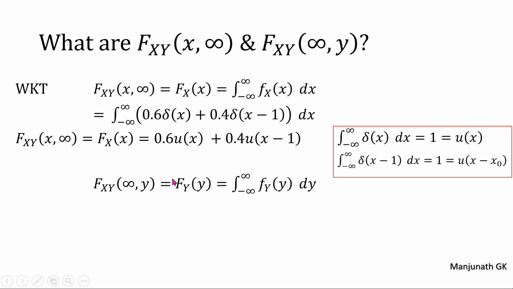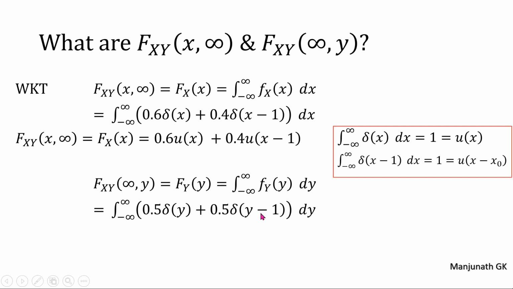the calculation of FY(y) can be done by integrating the PDF with respect to y. The single random variable PDF is already calculated. Substitute in the equation and integrate with respect to y. From the first term, 0.5 is constant.